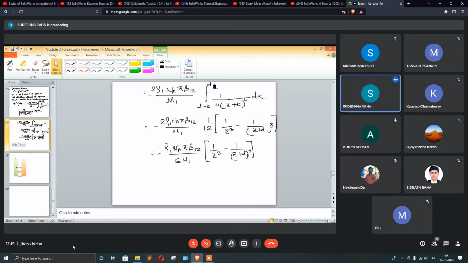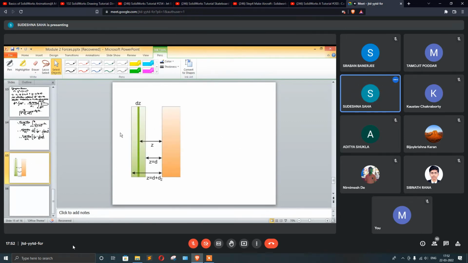Now we will try to involve the entire slab 2. In order to do that, first we will locate an element where that molecule is based, and then integrate over the whole of slab 2.